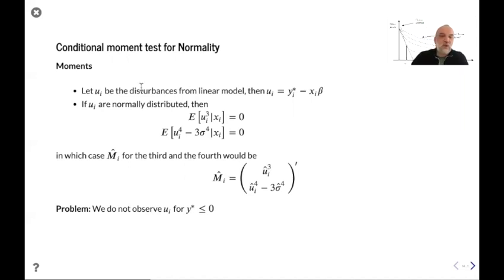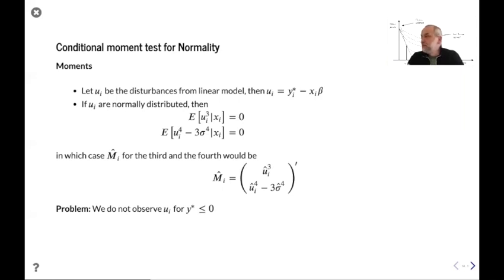Now, if those errors are normally distributed, we know, first of all, that they are going to have mean 0. So the first moment, the conditional mean of u given x, is going to be equal to 0. We use that as an identifying assumption to back out what beta was.